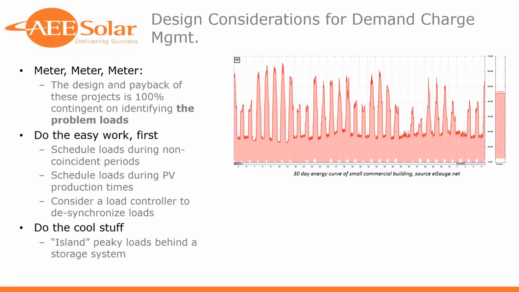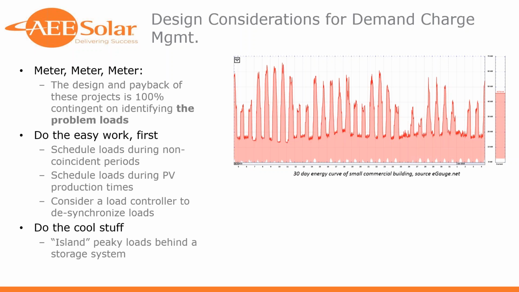So a real high ratio of peak to normal draw. Think about motors turning on, compressors. It's not going to be lighting. It's not going to be things like fans that have long duration energy curves.